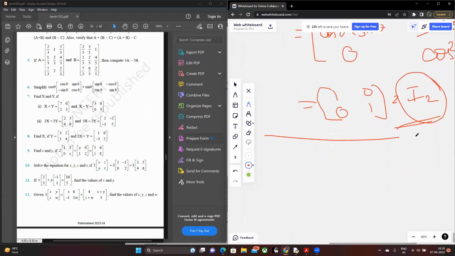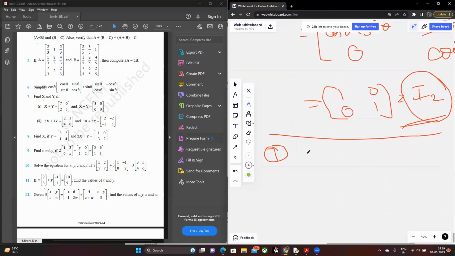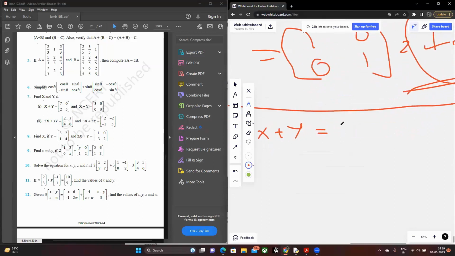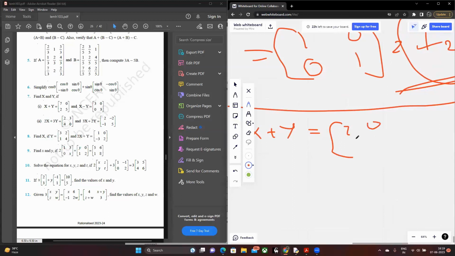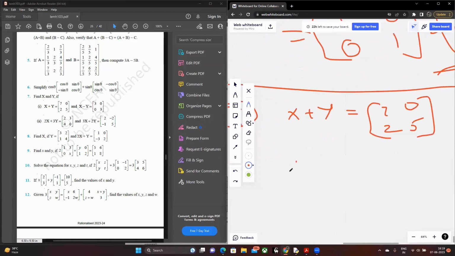Question number 7. Find x and y if x plus y is this matrix and x minus y is this matrix. So we have x plus y being 7, 0, 2, 5 and, I'll write this below this, x minus y being 3, 0, 0, 3, right?